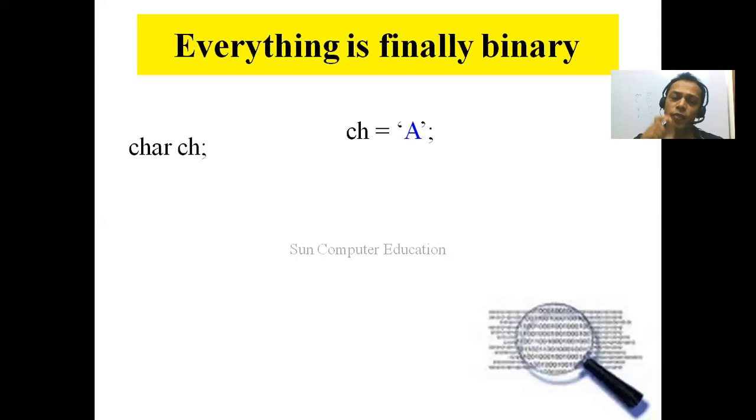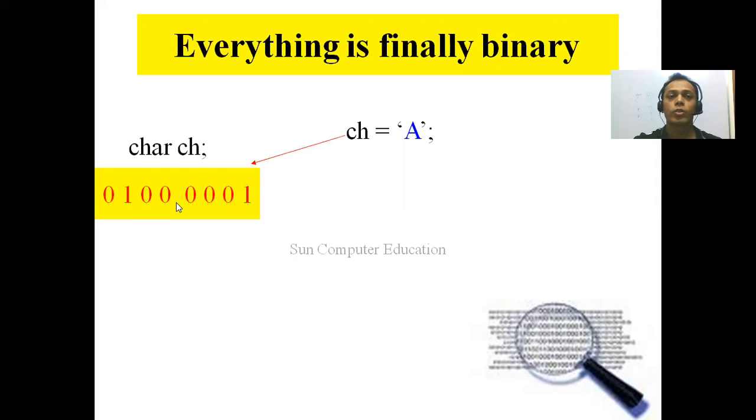But when you mention a specific character, character A, character B, star, 1, 3, dollar, hash, C, D, it should be enclosed in single quotes. Don't forget this.